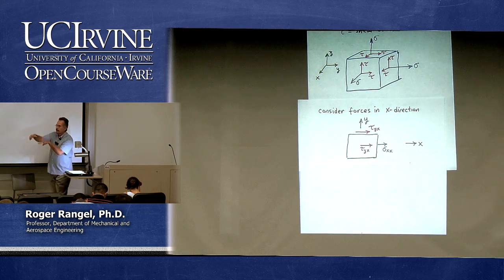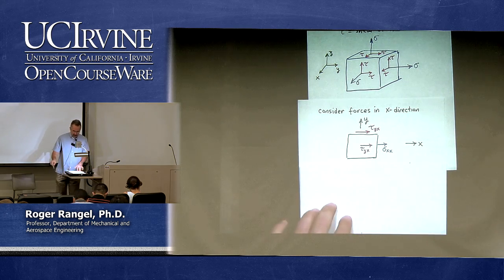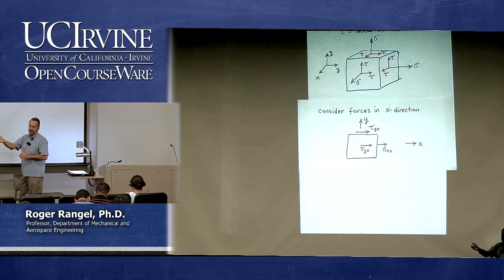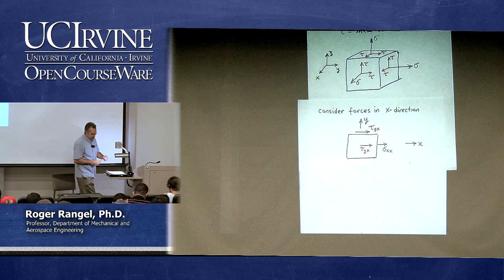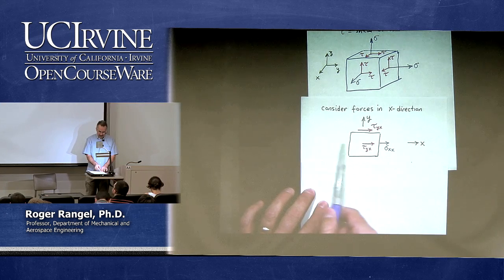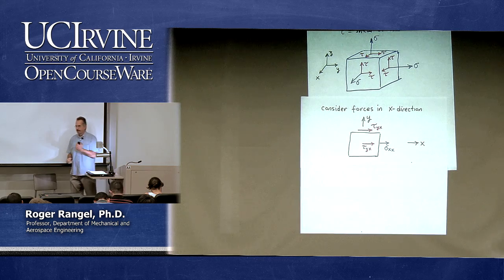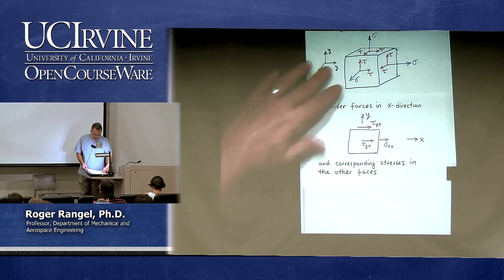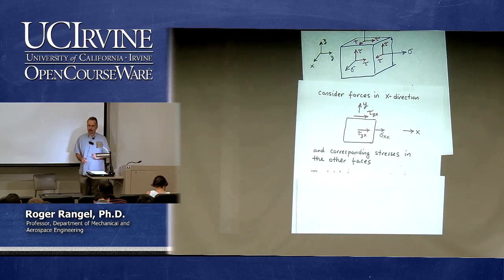I'm reorienting the face so I have x in the positive direction. So I have those three and the other three that I don't see. Well, I do see the sigma xx in the opposite direction. That would be right here, but I didn't want to draw it. The sigma xx on the back side. And so I don't have those corresponding stresses on the other faces.